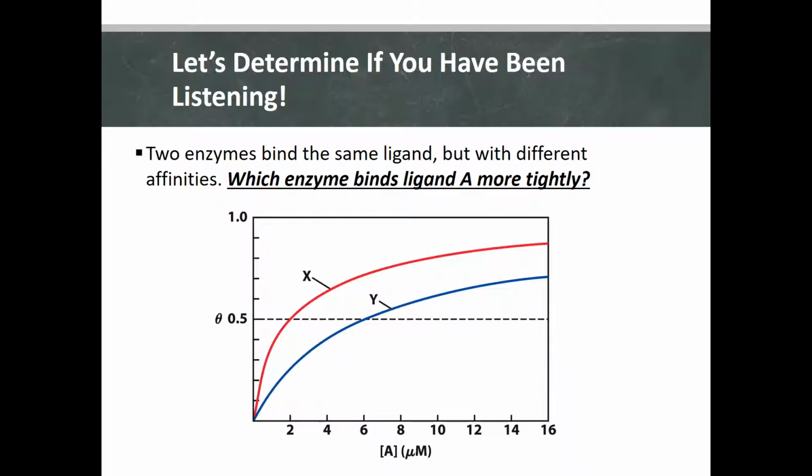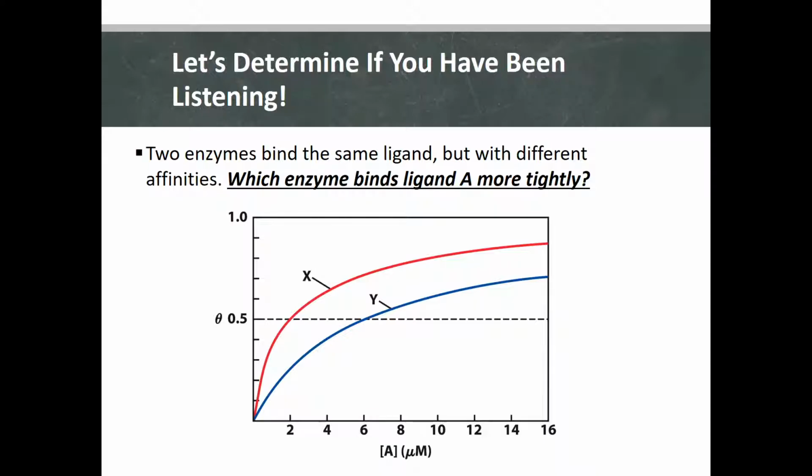If I just look at the 50% saturation mark, where fractional saturation equals 0.5, and extrapolate over for X, then extrapolate down to the x-axis, I have a KD of about 2 micromolar for X. If I move over to Y, you'll see that number increases to about 6 micromolar.